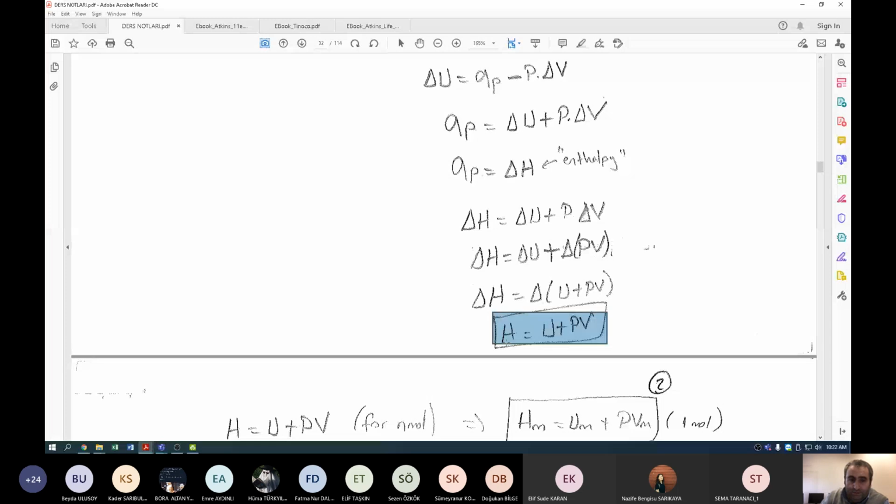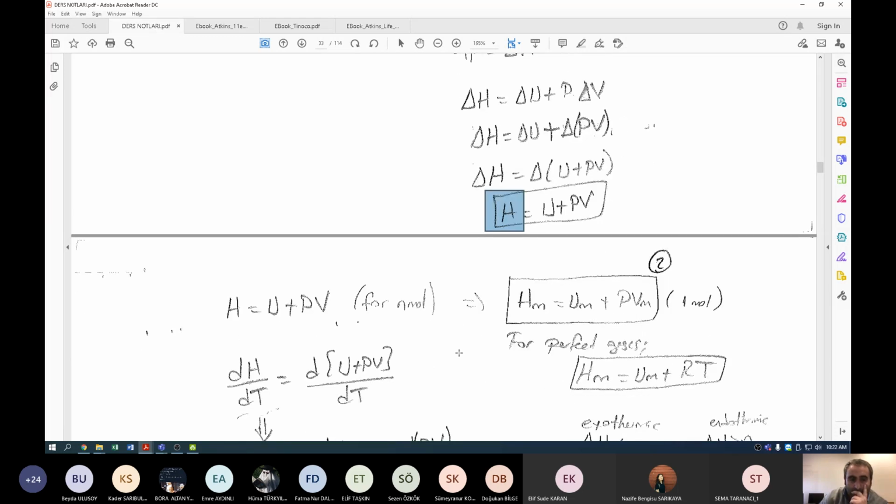This is very important, actually even more important than the internal energy, because we can measure lots of substances and their heats, and then report them at constant pressures, which will actually correspond to enthalpies.